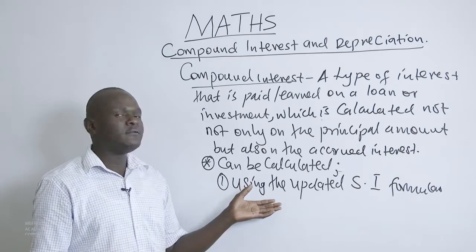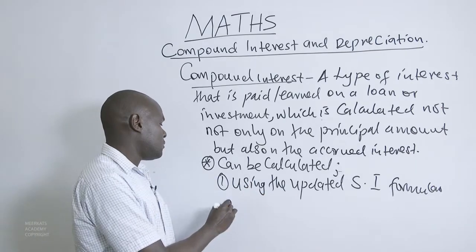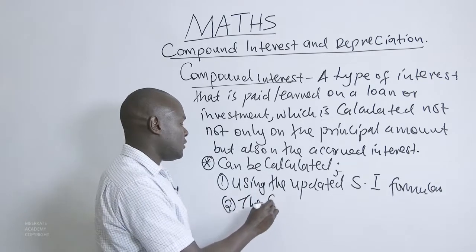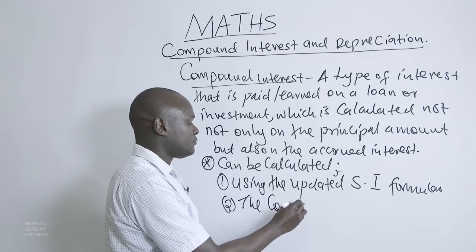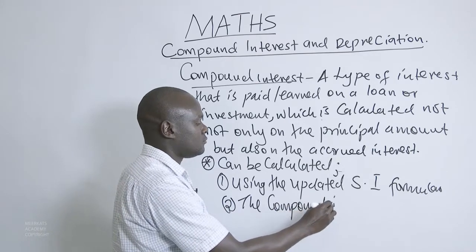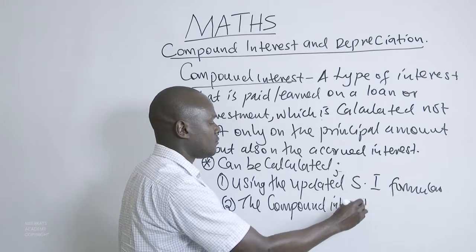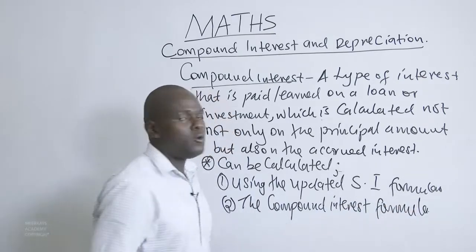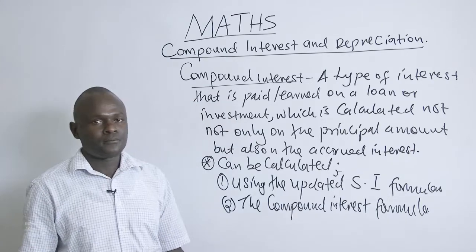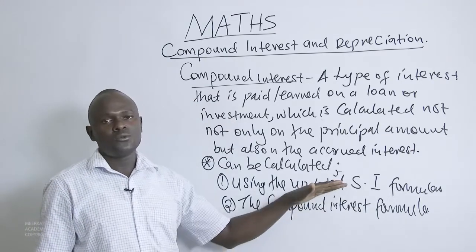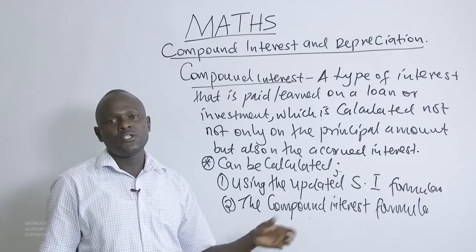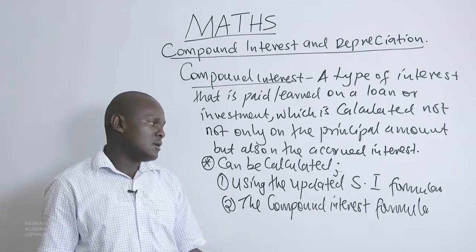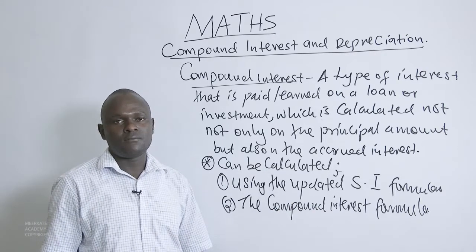We also have a second method of using the compound interest formula. With these two methods, we are assured of getting the same results. There are two different methods, but they lead us to the same end results.